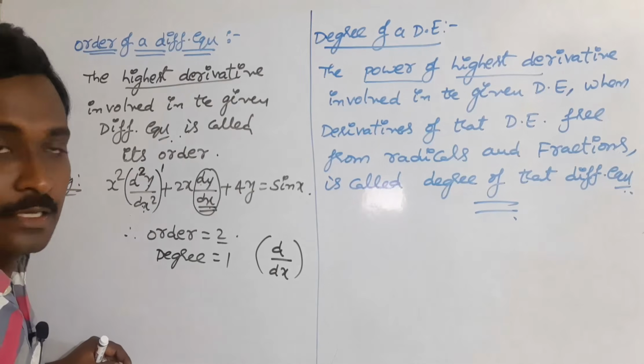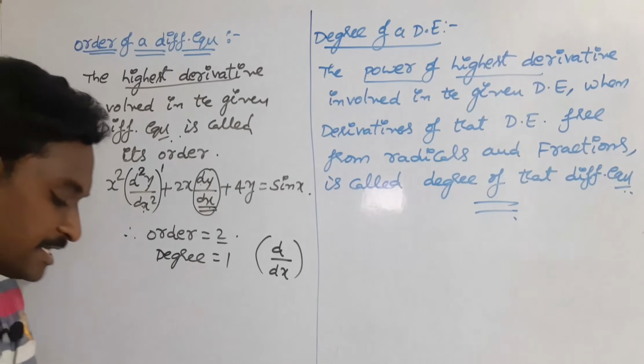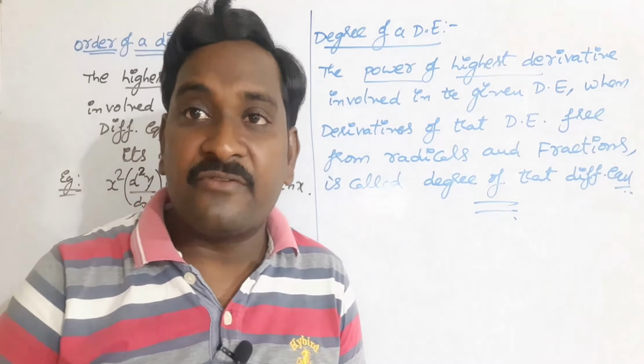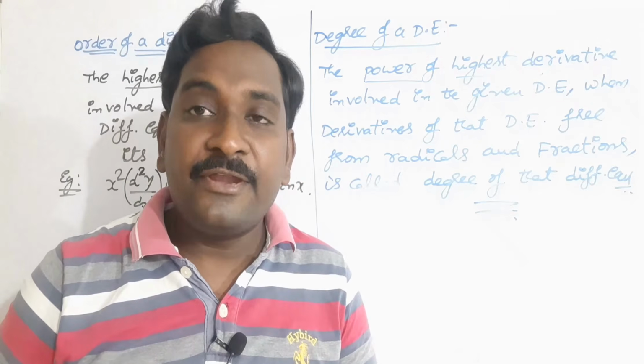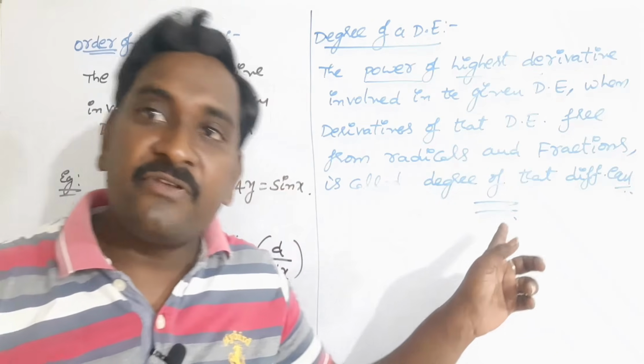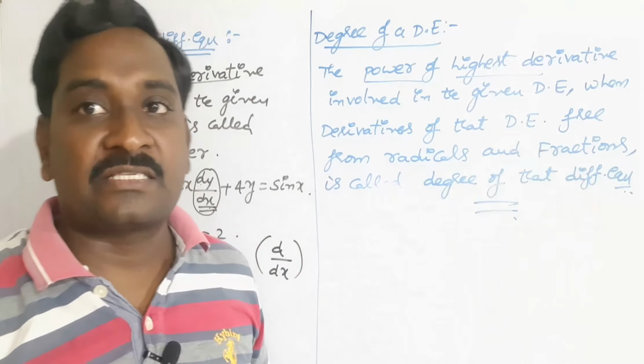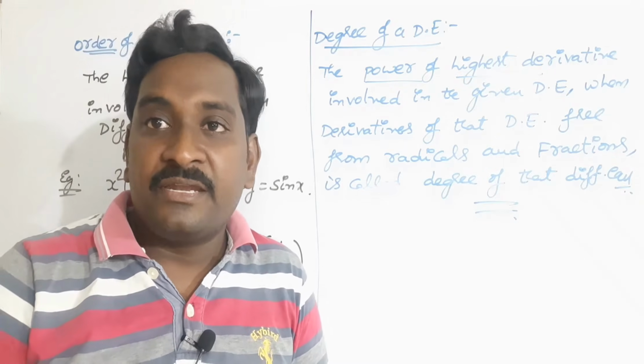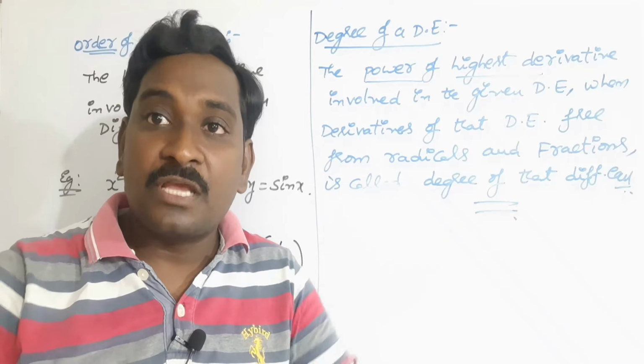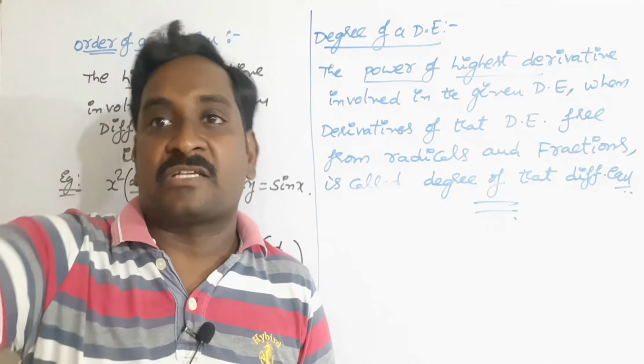Don't forget it. Okay, and one more important thing is to decide the degree of a differential equation, the derivatives which are involved in the given differential equation should be free from radicals and fractions. It means that in the given differential equation derivatives do not contain whole power fractions.